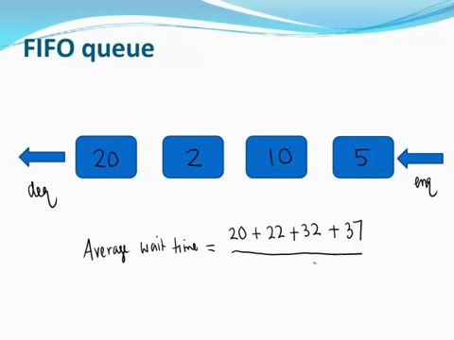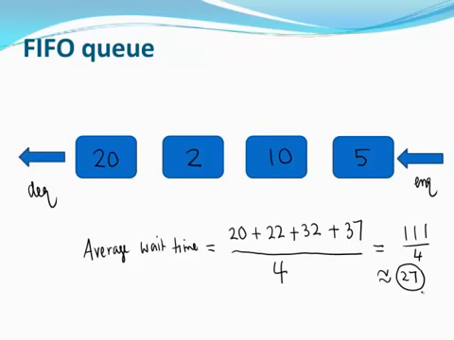If you find the average, you divide this by 4. Let's add them up: 20 plus 22 plus 32 plus 37 is 111. So we get 111 over 4, which is roughly 27 minutes per customer. That's what we get if you serve them in the order they come.